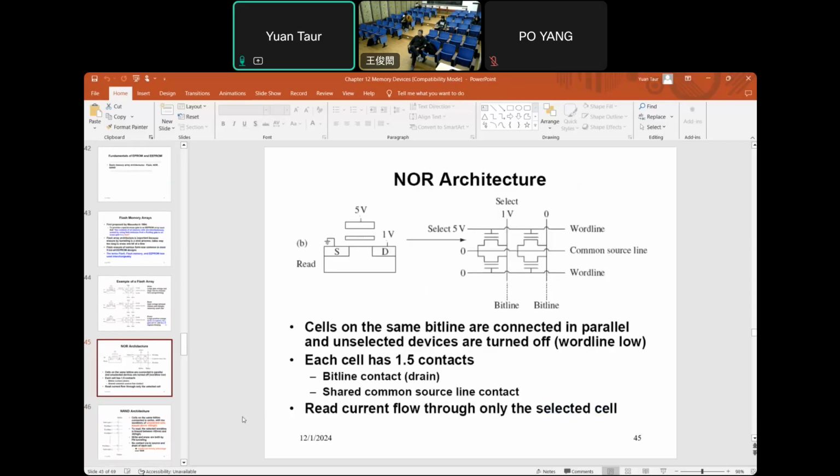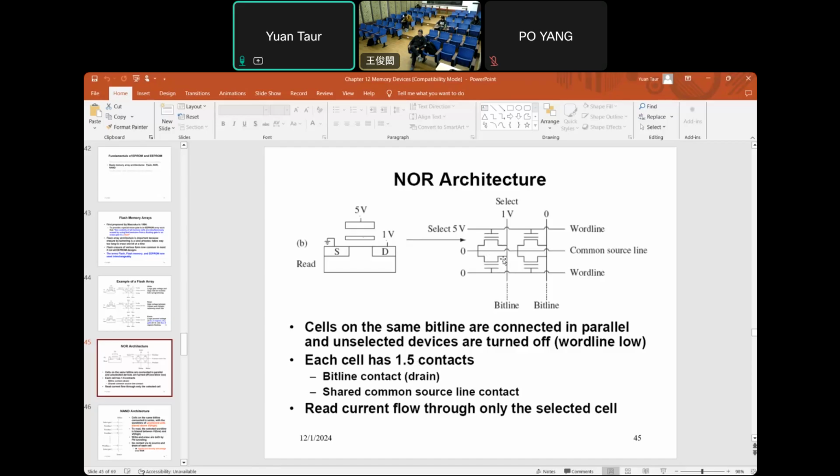Okay. So this type of architecture we call the NOR architecture, because the cells are essentially connected in parallel. Okay, and we try to measure whether the FET is on or not by applying an intermediate gate voltage here. But this kind of cell area is larger because you need contacts.